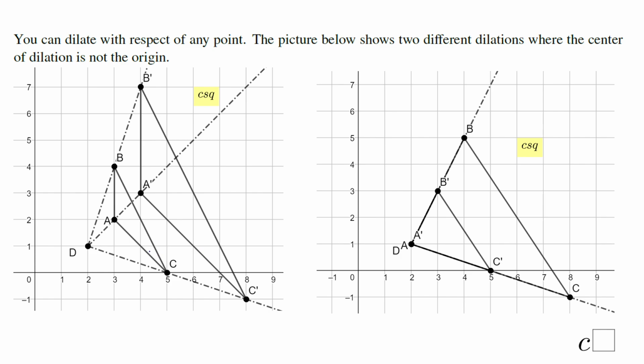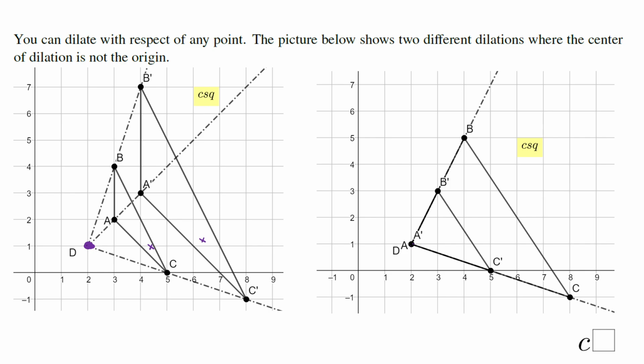By the way, this is the pre-image and this is the image, and you notice this is the center of dilation, right? It's not the origin, it's somewhere. Okay, so you can have this case, but you can also have this case you see here where the center of dilation is one of the vertices of the triangle, in this case the point A. And now you notice A prime is going to be in the same spot as A, or the center of dilation. These are the two cases you can get.